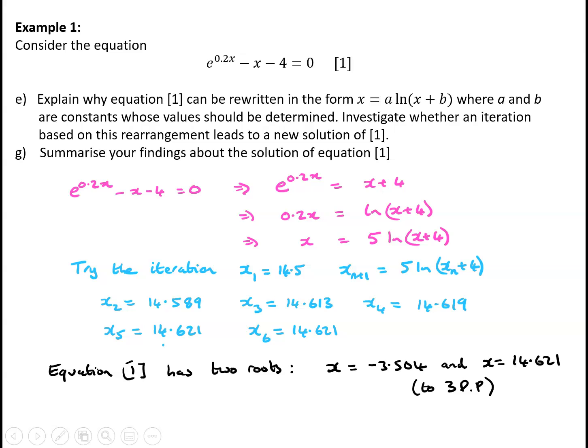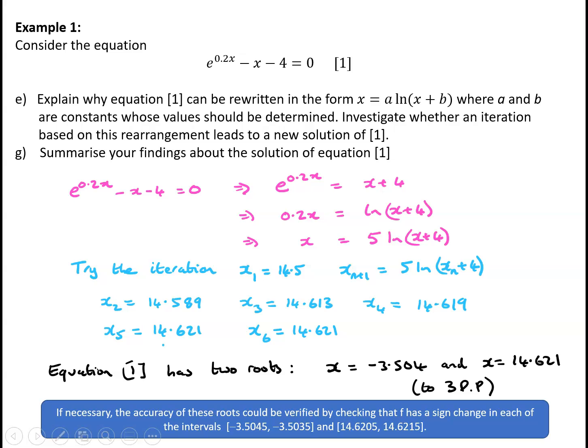If we want to check that these two roots are actually correct, then we can check using the sign change in a continuous function that there's a sign change between minus 3.5045 and minus 3.5035, which will ensure that I've got a root which is minus 3.504, correct to 3 decimal places.